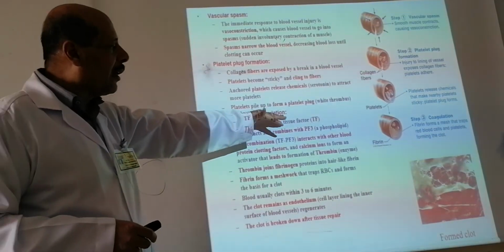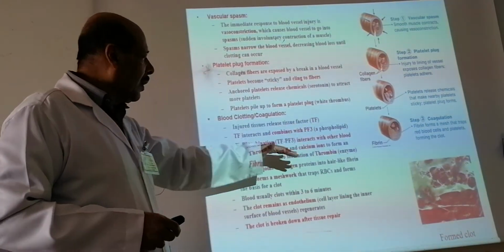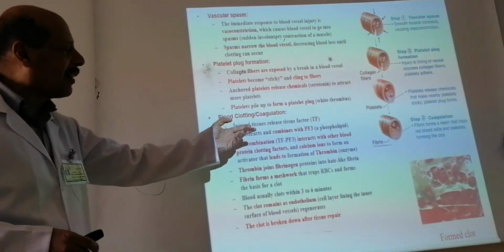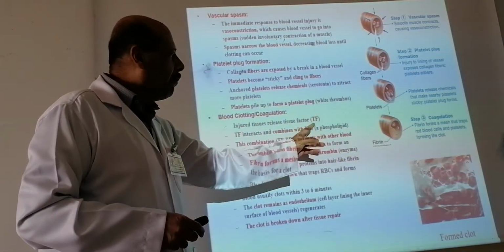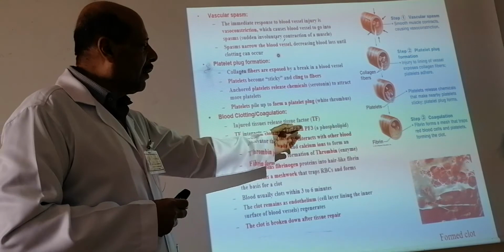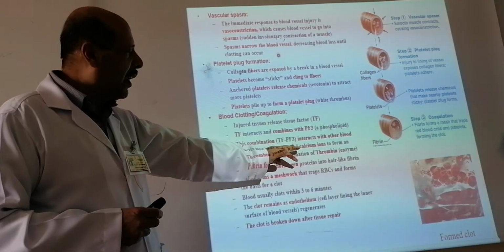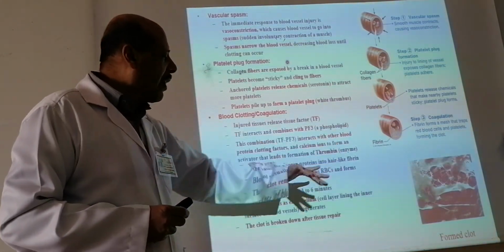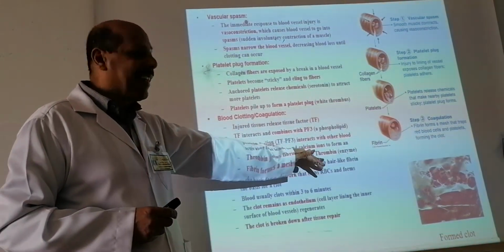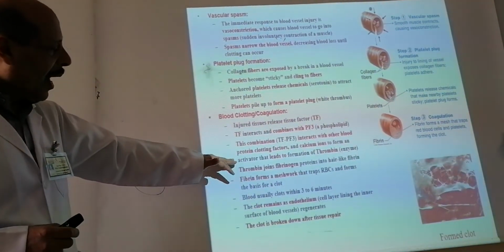Then blood clotting and coagulation. The injured tissue will release tissue factor. That factor will interact and combine with platelet factor 3, a phospholipid. This combination of TF and PF3 interacts with other blood protein clotting factors plus the calcium ion to form an activator.